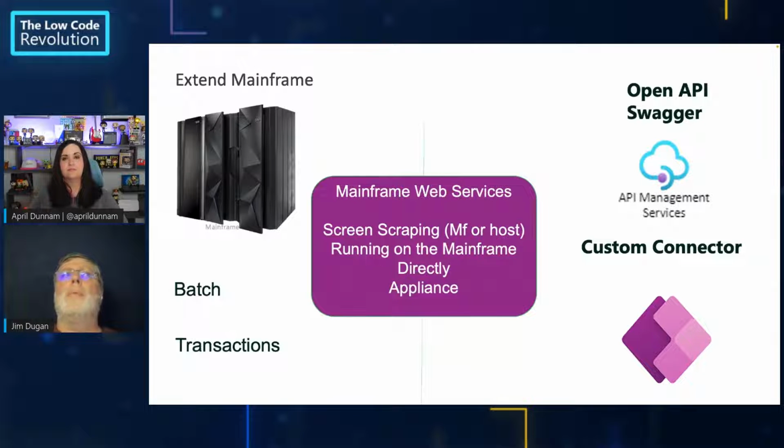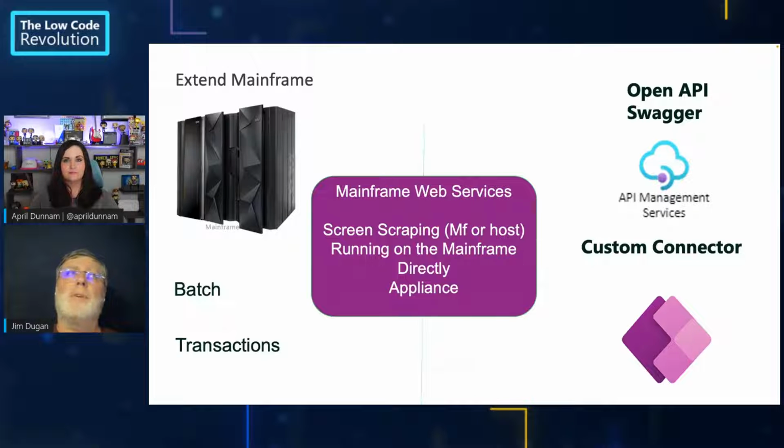Web services can now be accessed directly from the mainframe with IBM products like z/OS Connect, and partner products from partners such as Micro Focus, CloudFrame, HostBridge, and probably about 25 to 30 others that allow you to expose those web services, even having the web service host running on the mainframe or on a separate server.